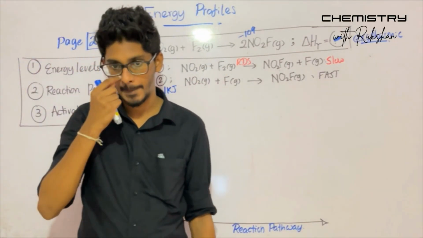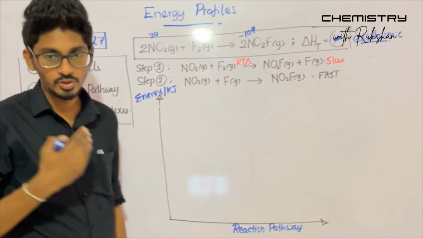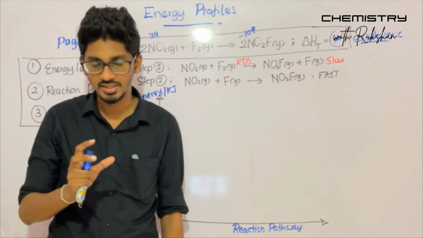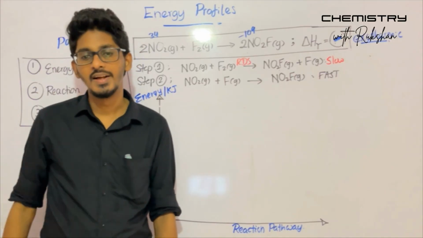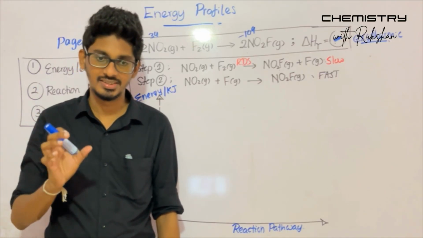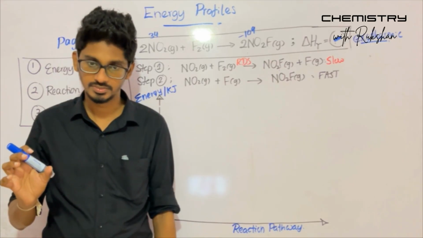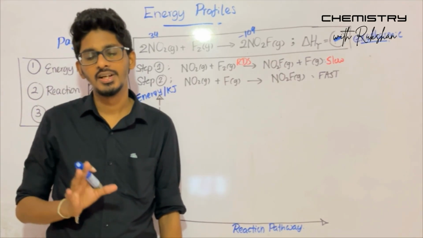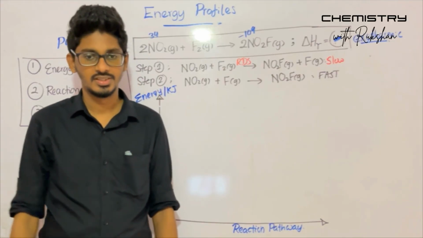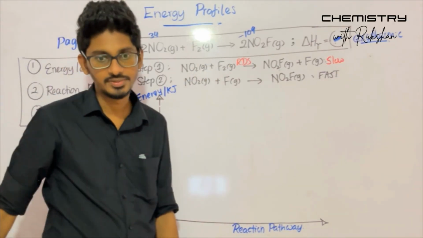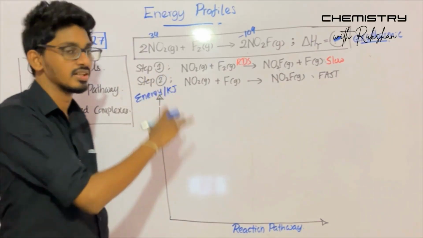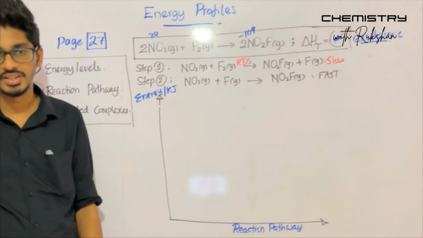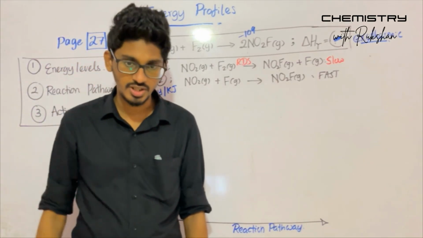When you are supposed to draw an energy profile, first you have to decide, or they have to give, whether the overall reaction is exothermic or endothermic. That is the most important thing to decide first. Yes, that is exothermic, right? We have decided that according to the definition of delta H, right? Okay, this is the exothermic reaction, right?